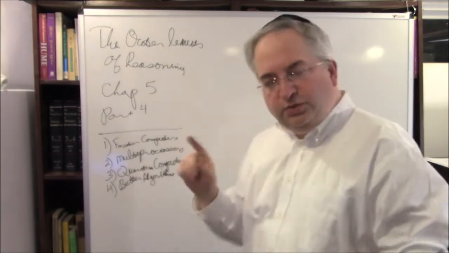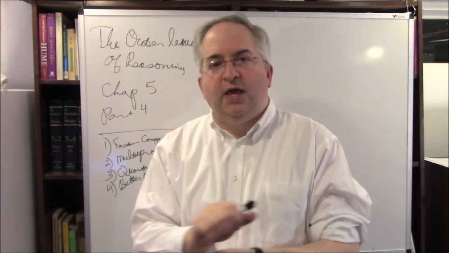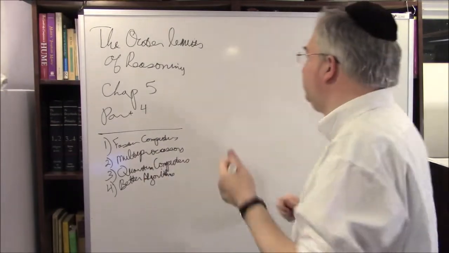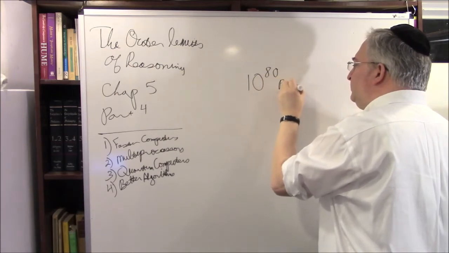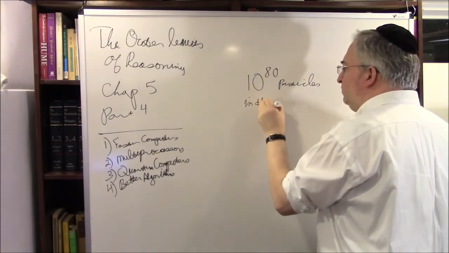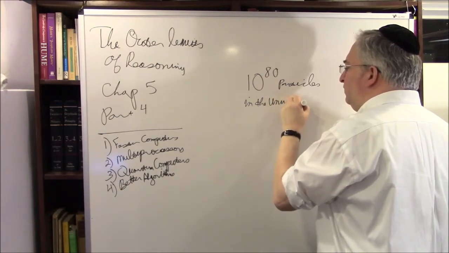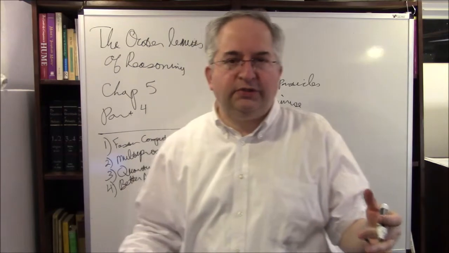Okay? I just want to say something I didn't say back there. It's in the book, I think. Physicists tell us that there are 10 to the 80 particles in the universe. Not on Earth, not in the solar system, in the universe.